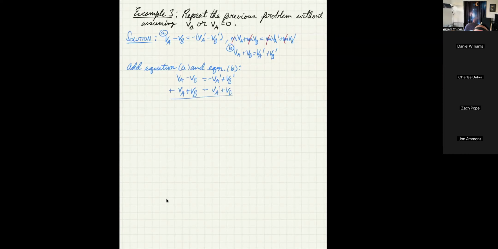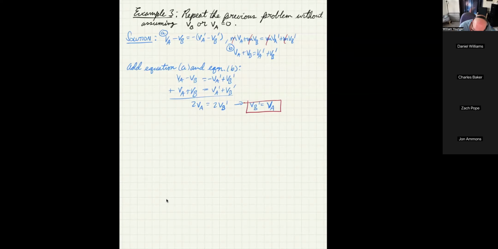So when I add the two, I get VA plus VA is 2VA, but VB minus VB is 0. And then on the right hand side, I get VA prime minus VA prime, and then I get 2VB prime. So this tells us that VB prime is actually equal to VA. So that's one of our answers.